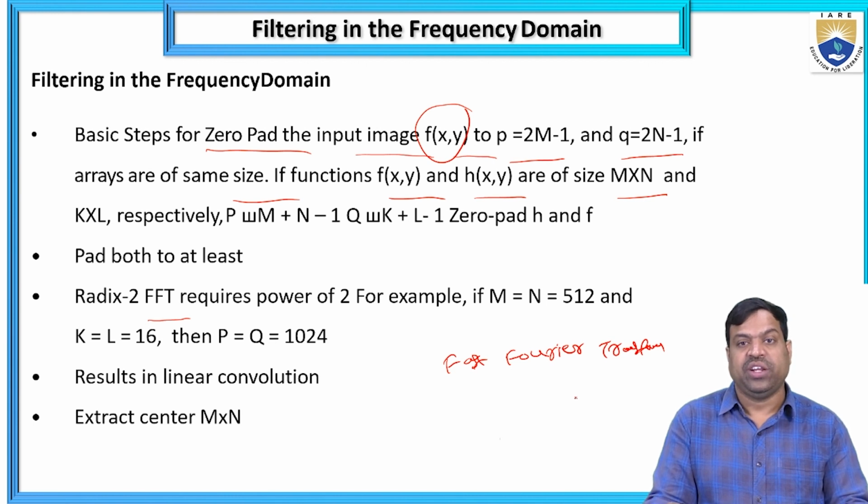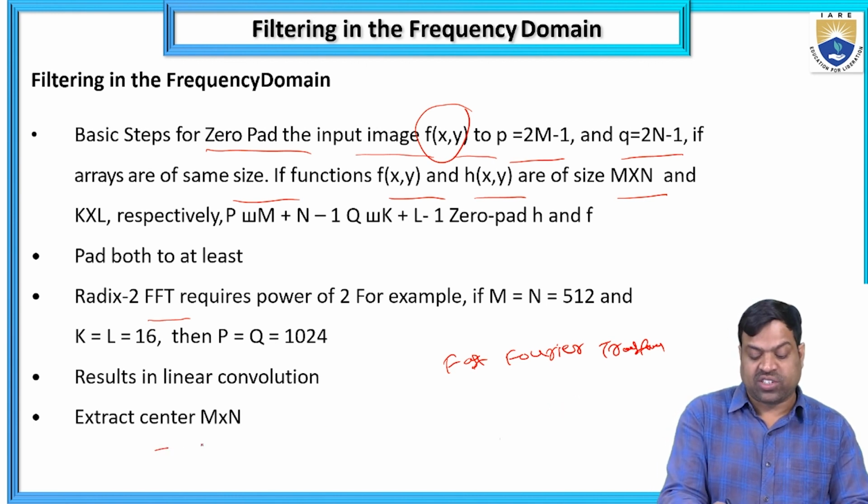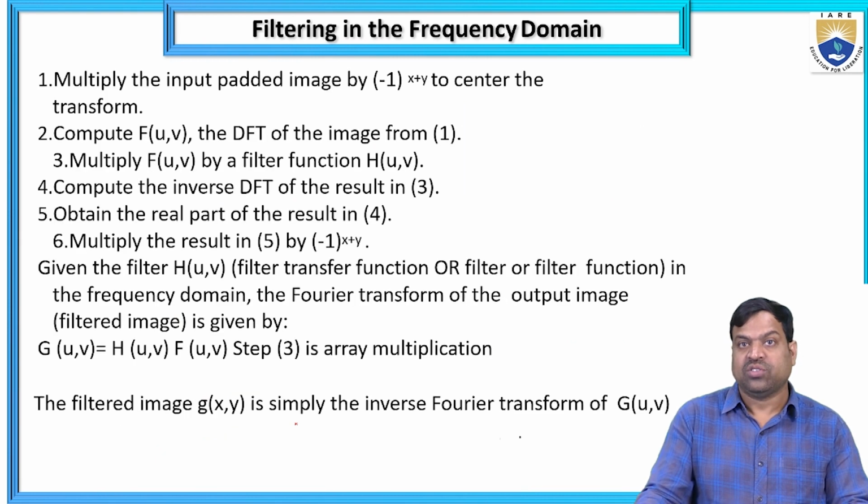What are the results of linear convolution? We extract the center N by N region. Multiply the input padded image by minus 1 to the power x plus y to center the transform. Compute capital F of u comma v, the discrete Fourier transform of the image.